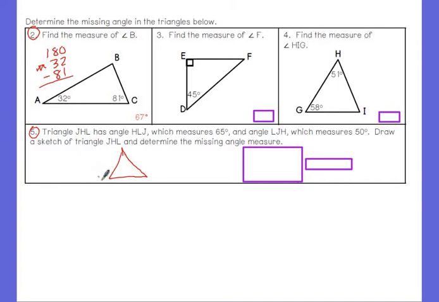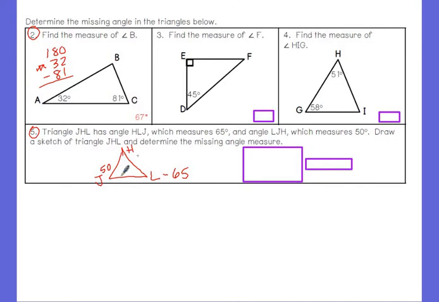I'm going to call this J, H, L. Triangle has an angle HLJ, so L is in the middle, measures 65, so L is 65 degrees. LJH, J's in the middle, measures 50. And we've got to find the other missing angle.